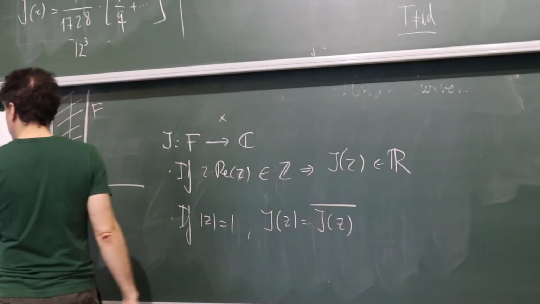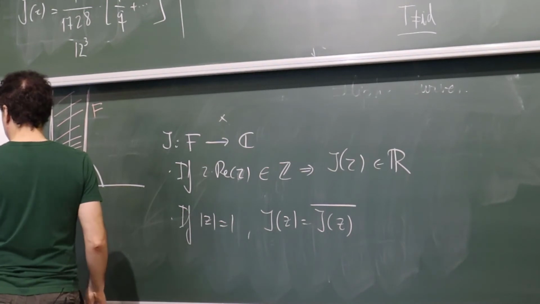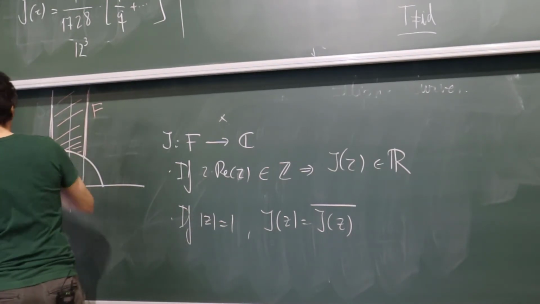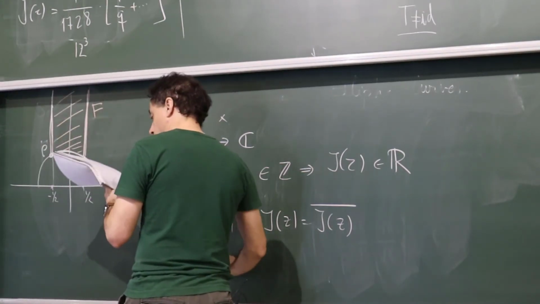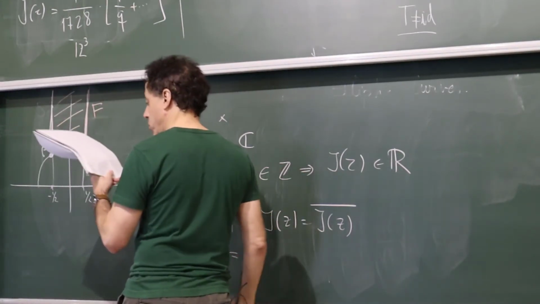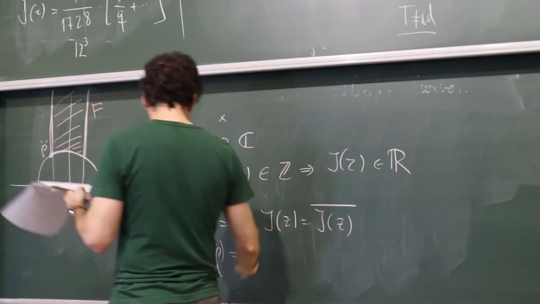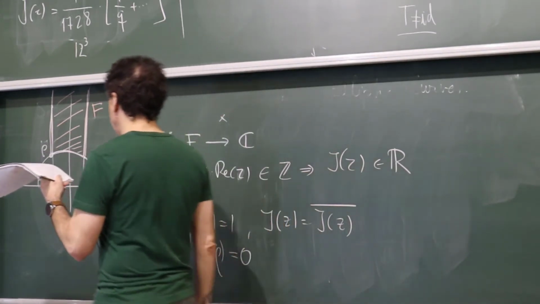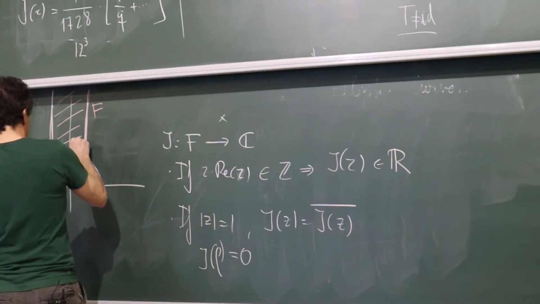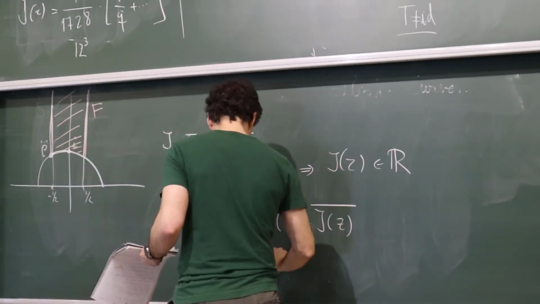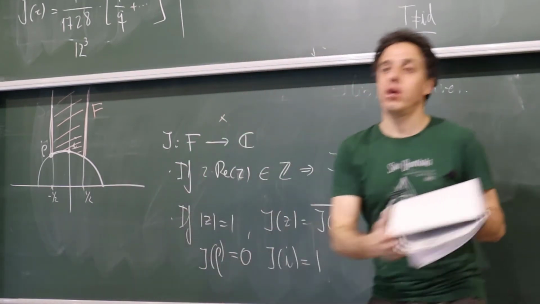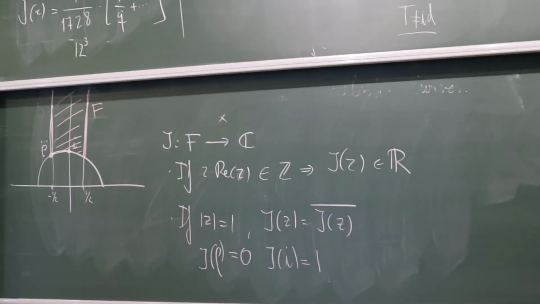And in fact, it can be shown that at this point, call it rho, J of rho is 0, and at the point i, J of i is 1. It can be verified.